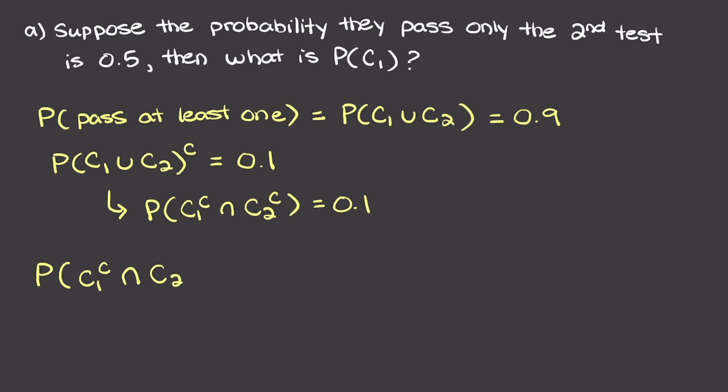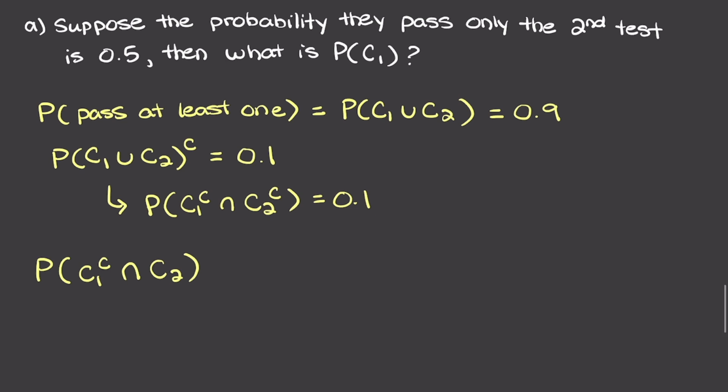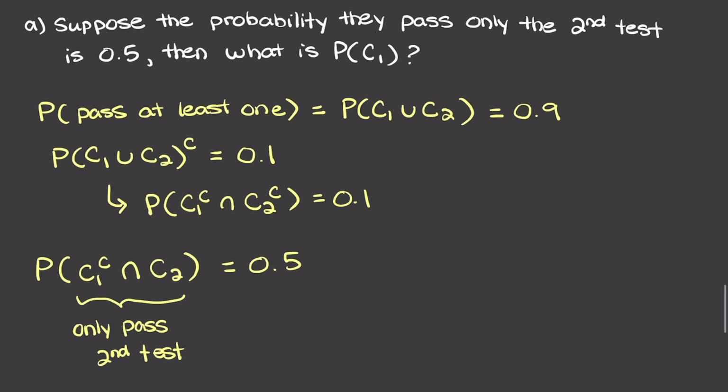So this means you only pass the second test. And this, based on the question, is 0.5. And what we're trying to solve for is the probability of C1. What's the probability that they pass the first test?